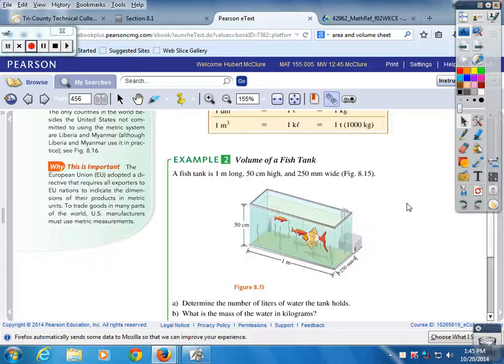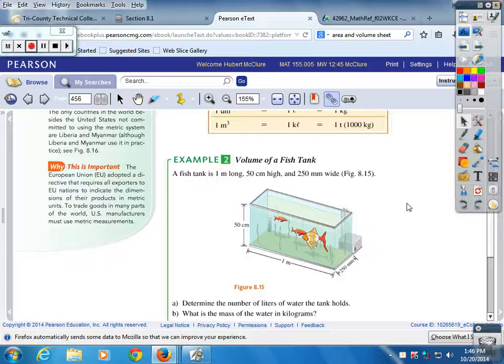50 centimeters, in meters, that'd be 0.5, or something like that, whatever the case may be. Millimeters, 250 millimeters, with the decimal moved, 1, 2, 3, so that'd be 0.25 meters.